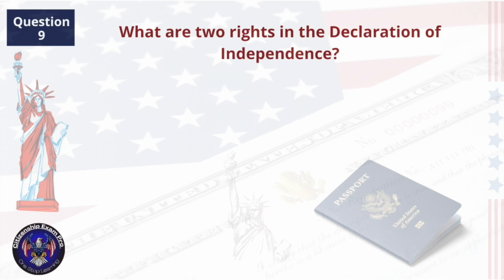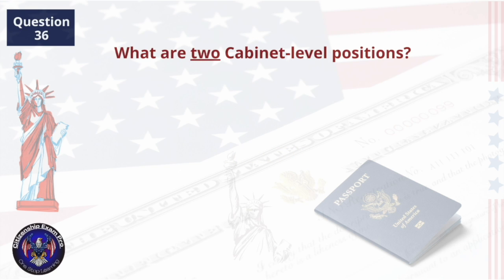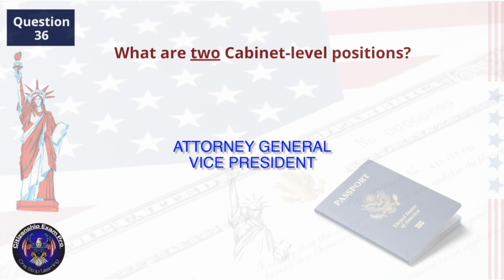What are two rights in the Declaration of Independence? Life, liberty. What are two cabinet-level positions? Attorney General. Vice President.